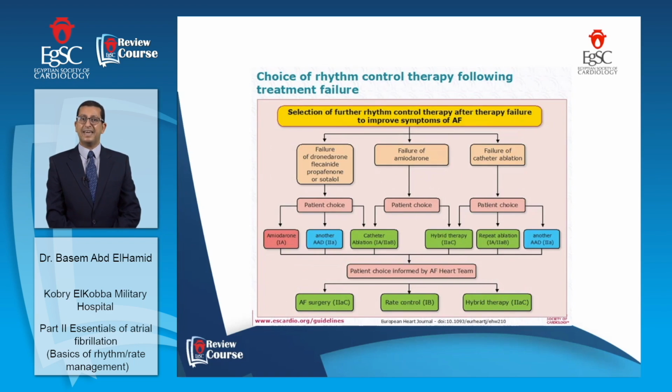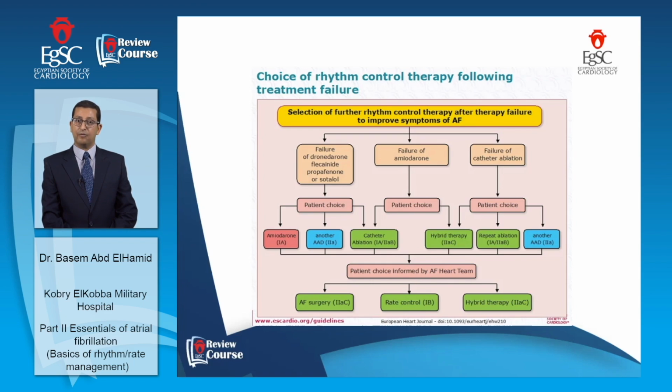What about failure of long-term therapy to improve symptoms of AF? In case of failure of dronedarone, flecainide, propafenone, or sotalol, it is the patient's choice to do catheter ablation or amiodarone, or to add another antiarrhythmic drug.